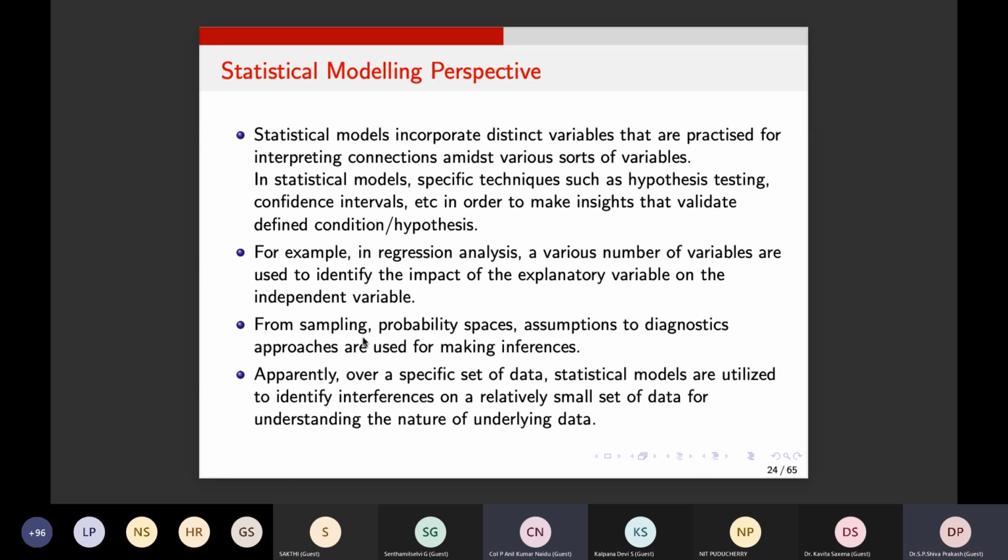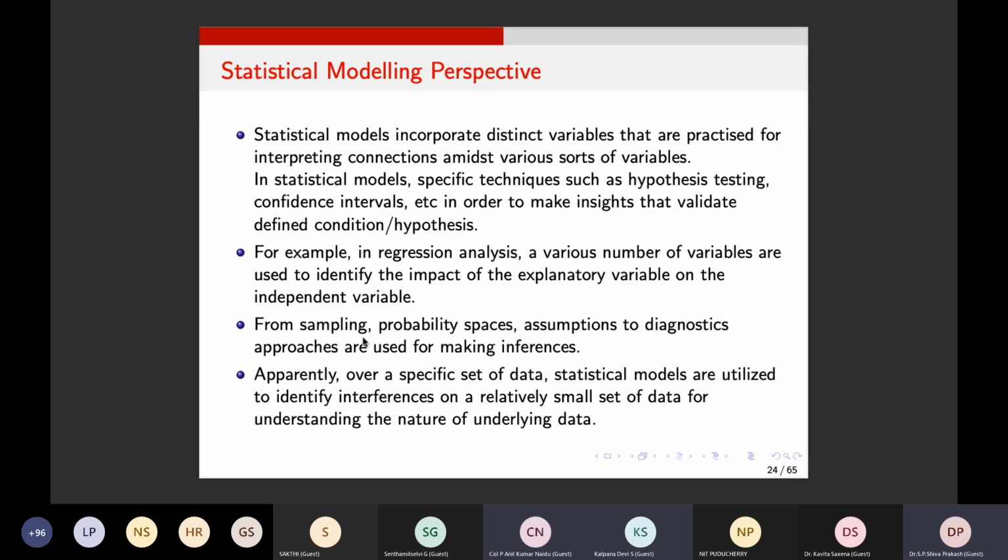If we take an example in regression analysis, a number of variables are used to identify the impact of an explanatory variable on the independent variables. From sampling, the probability spaces as assumptions to diagnostic approaches are used to make inferences.